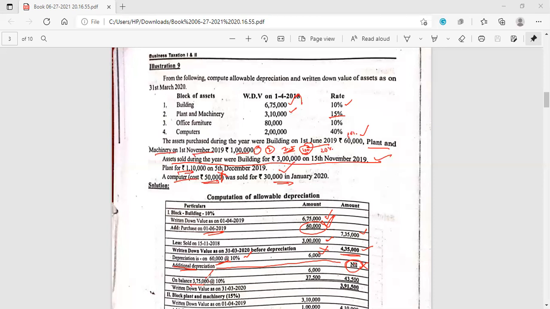So that's the balance, the pre-existing value of building. On that 10%, if we calculate, we'll be getting 37,500. So total depreciation would be 43,500. And return on value as on 31st March 2020 after charging depreciation is 3,91,500. Now, the second block of asset.